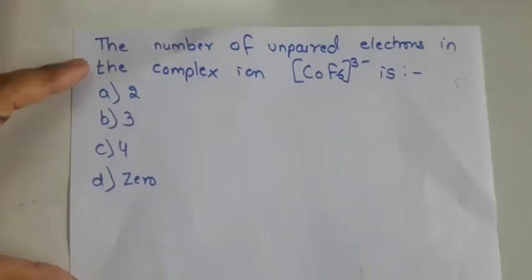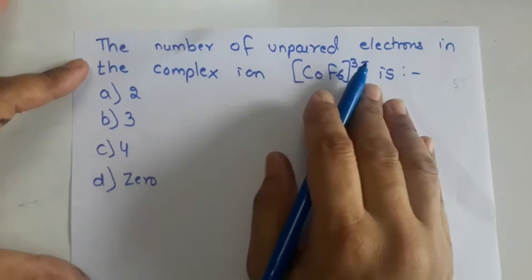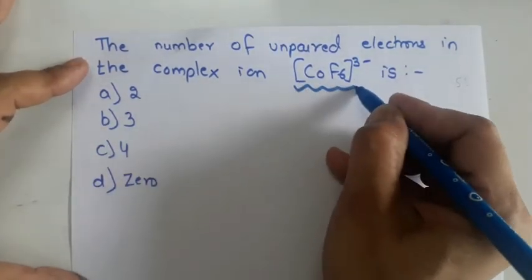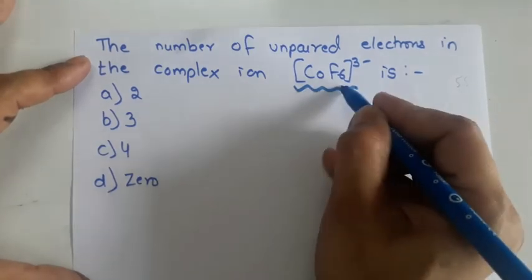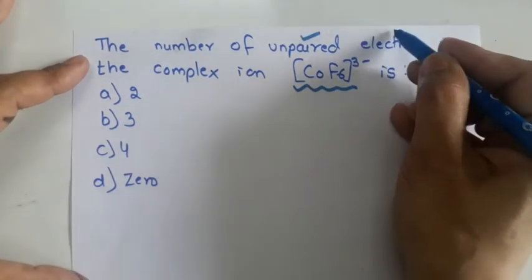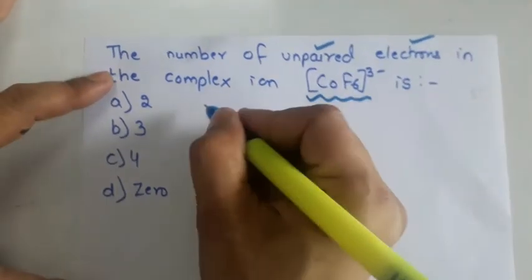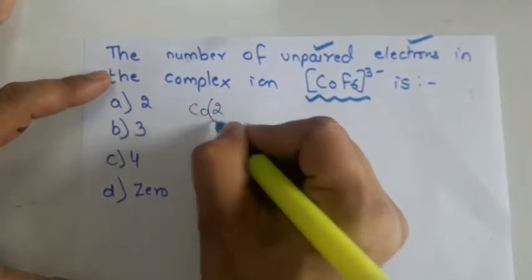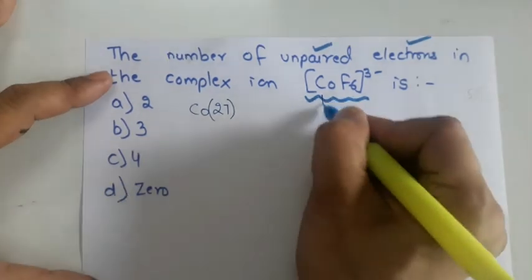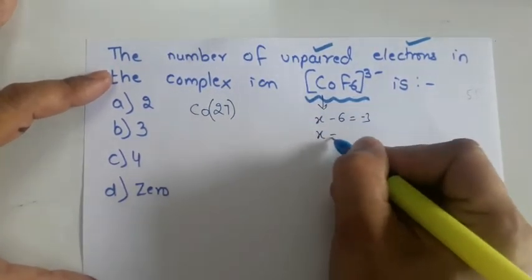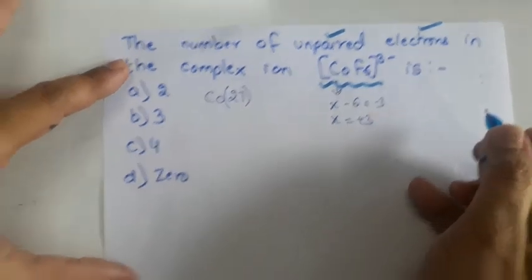Now we have one more question: the number of unpaired electrons in the complex. See students, the complex is this, and what are they asking? That in this complex how many unpaired electrons are there? So let us quickly start with this. Cobalt is having atomic number 27, isn't it? Now in this case cobalt is having the oxidation state plus 3.